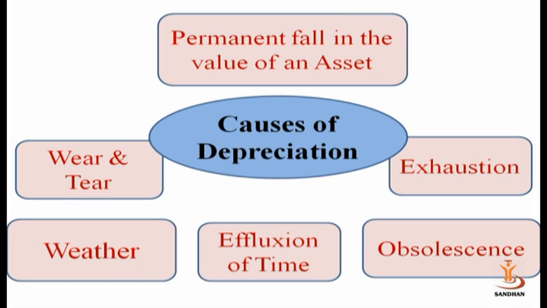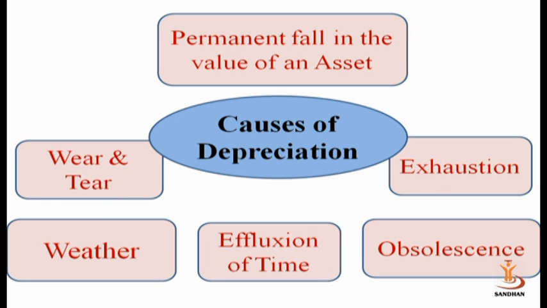Depreciation is an expenditure, through which it is shown in the profit and loss account or income statement on the debit side. So we should know what are the reasons, what are the causes for depreciation.